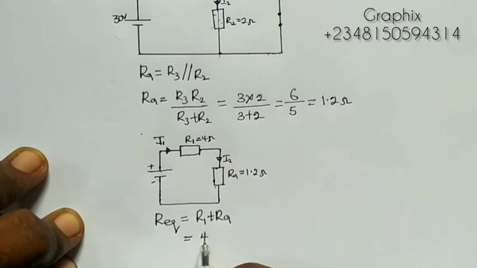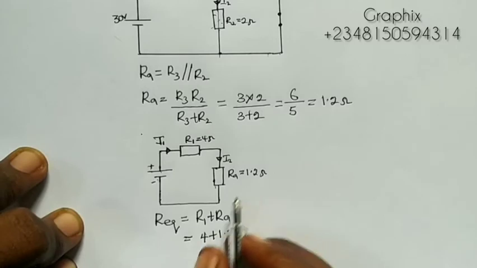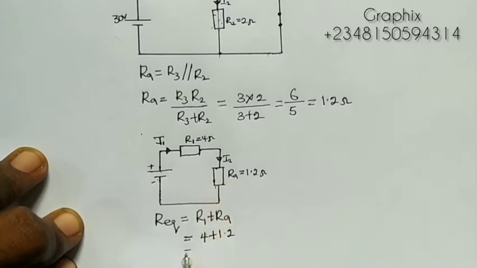R1 is 4 plus RA is 1.2, and that gives me 5.2 ohms. That is our R equivalent, right?